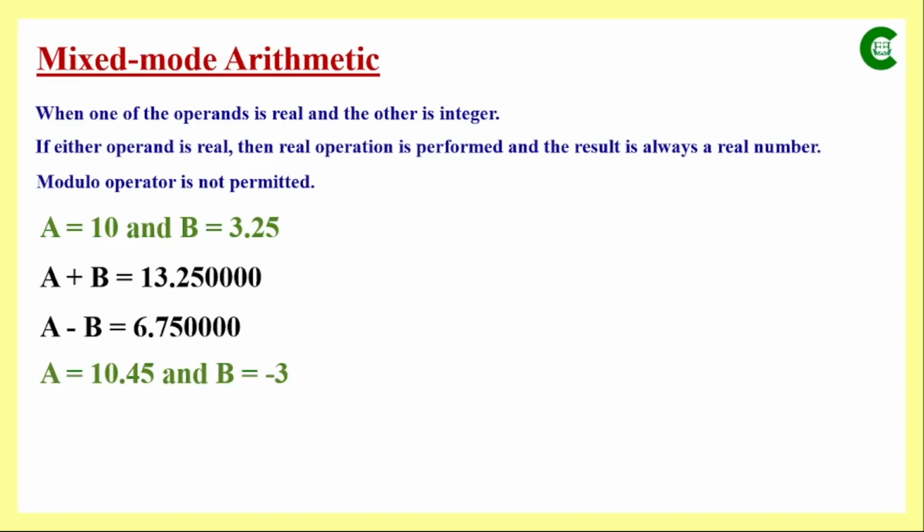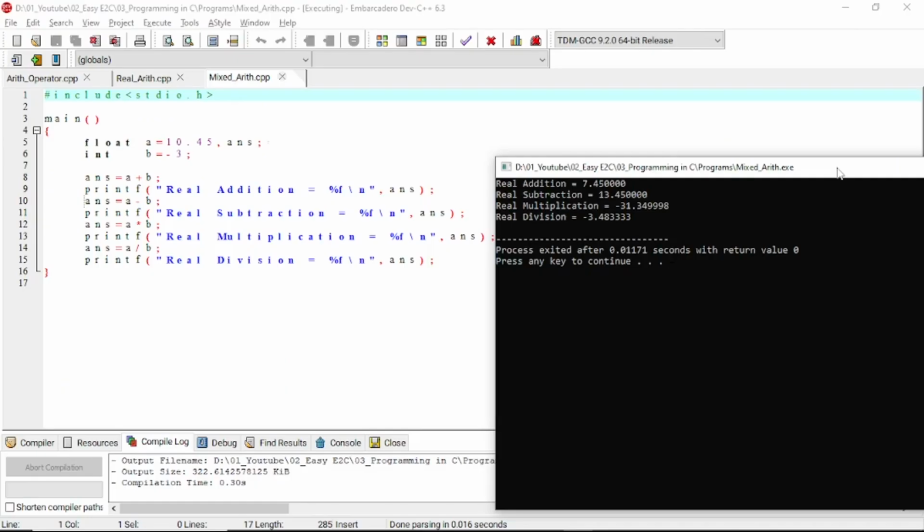Value wise they are same, but the second operand we are taking as negative, and if we perform multiplication, then manually we will be getting this value, and this is the result of division operation. And this is a simple program that has been written for mixed mode arithmetic operations, and these are their corresponding results. The same values we have used here as input, so same results we are getting as output also.